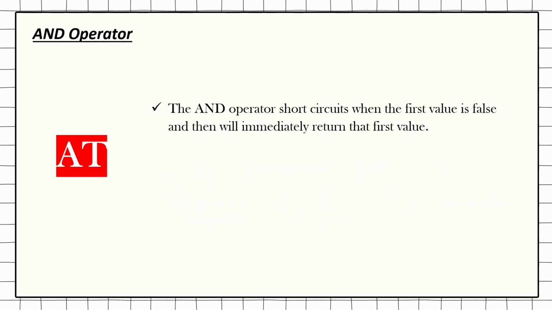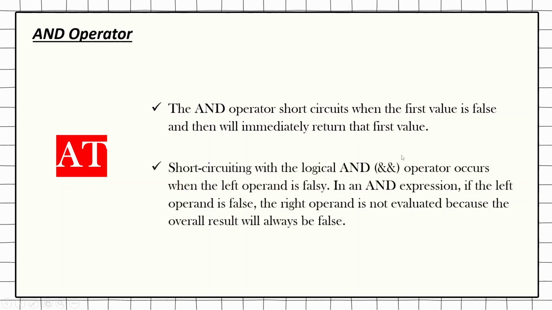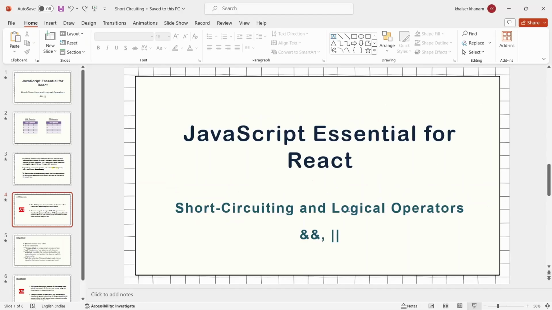In this AND operator, short circuiting happens when our first operand, that is our left operand, is falsy. We will see what falsy values are. So when our left operand is false, the right operand is not evaluated at all. Directly, we will get our result as the first operand. Practically, let us understand this.